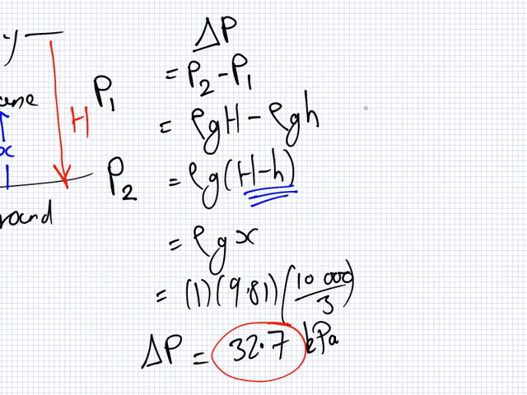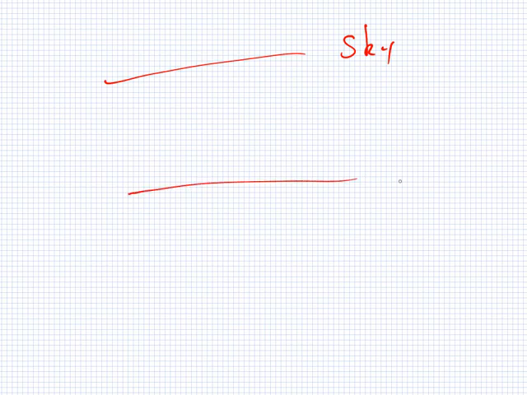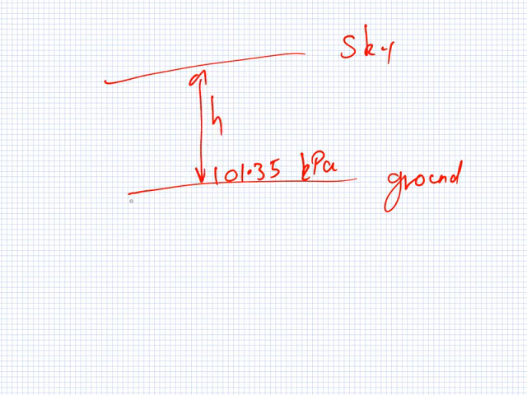Alright, so we have our sky and we have our ground, and here is 101.35 kilopascals. So we'll call this height H, or big H maybe. So pressure is rho G H. Maybe the problem was yesterday I used 1.2.